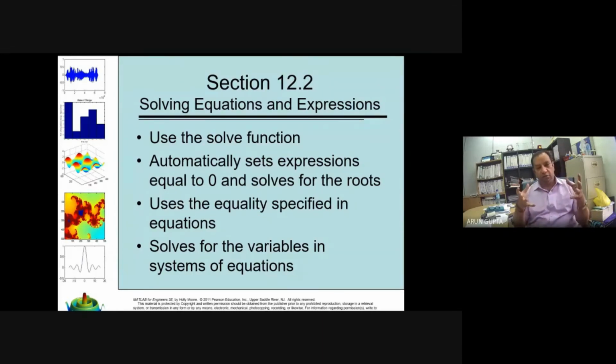Suppose you give any mathematical equation and you want to solve it, you can tell MATLAB, okay, solve this equation, and then MATLAB will solve it. So for any equation, you can write it as symbolic, this is the equation, solve. Solve for what? And then it can solve. It can solve the square root or a whole lot of things. You will see a few examples of it.